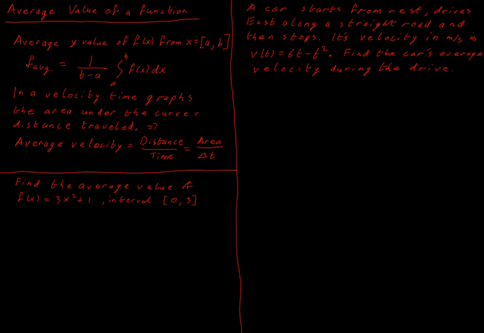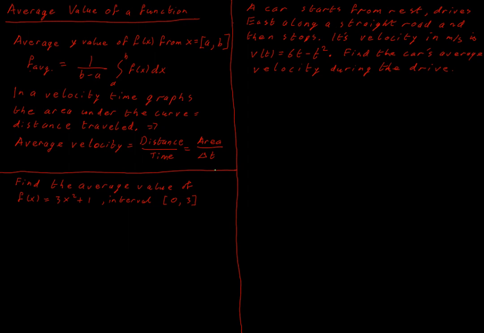If we were getting the average velocity, we'd get the area underneath the velocity curve and divide it by the interval, divided by the change in time, or the total time for our journey. So this formula links back to something you already know quite well in terms of velocity time graphs. But let's put it into practice now.